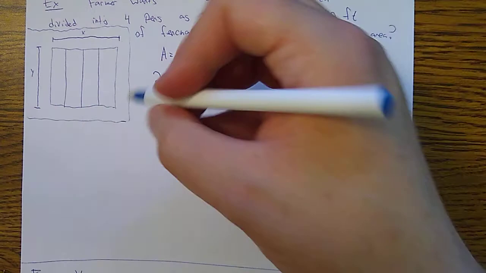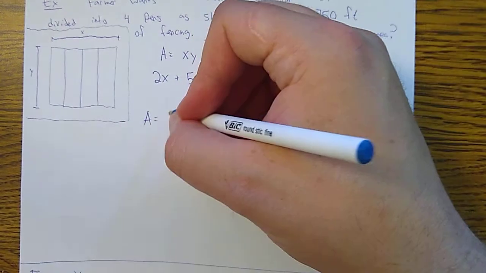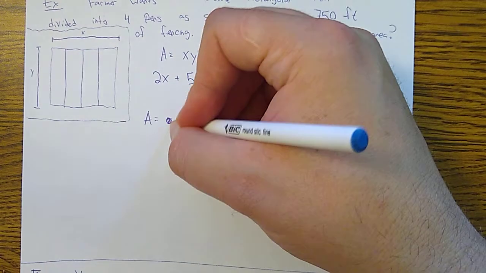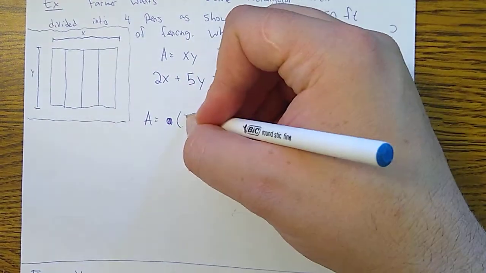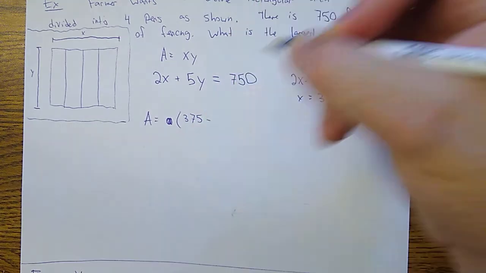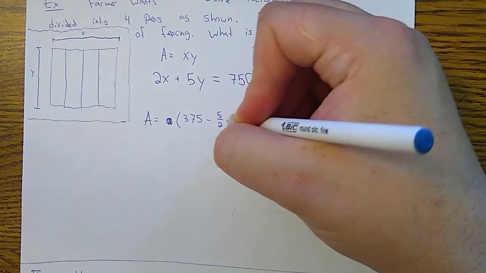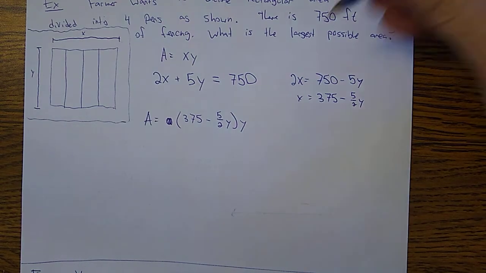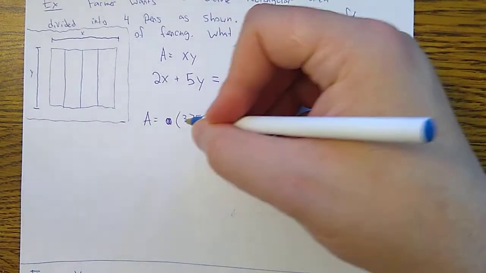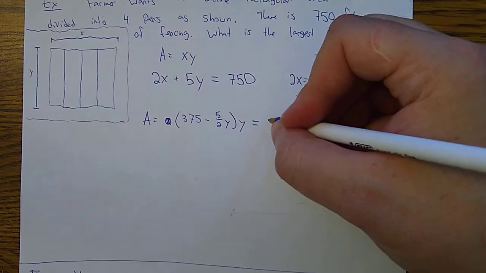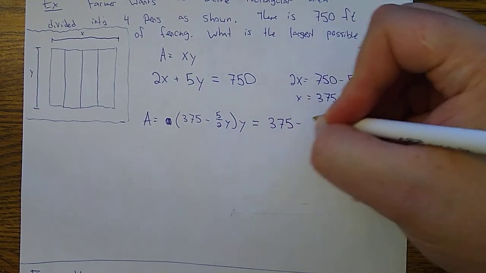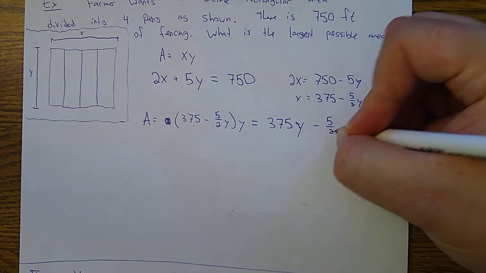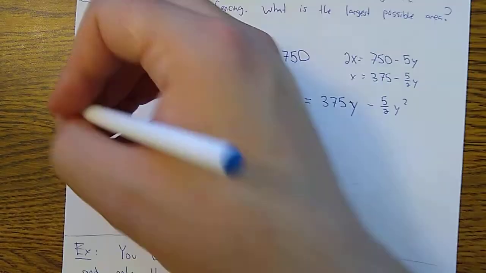And then I'll put that in. Whoops, I'm replacing x. So I get this. And I'm about to do the derivative, so I would prefer to just multiply this out. 375y minus 5 halves y squared.